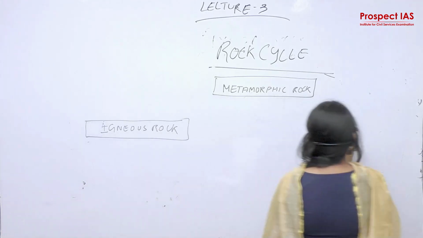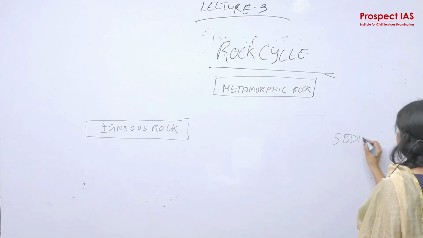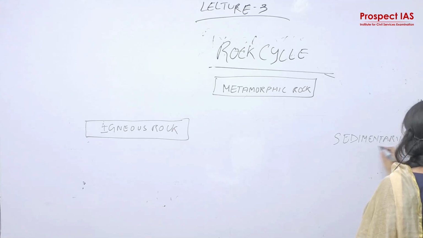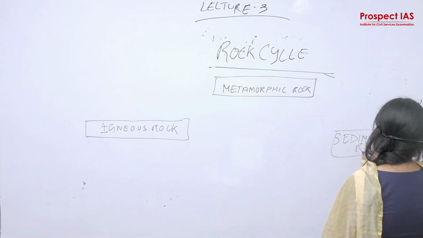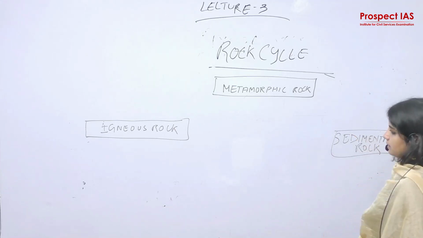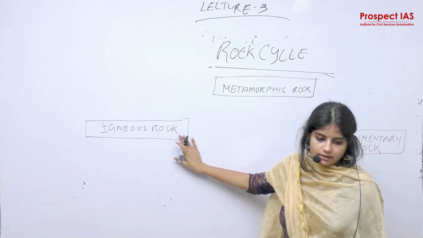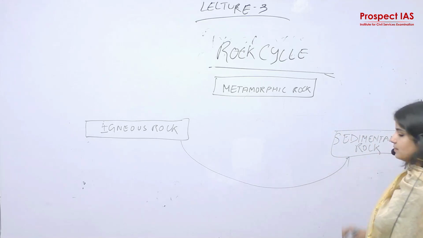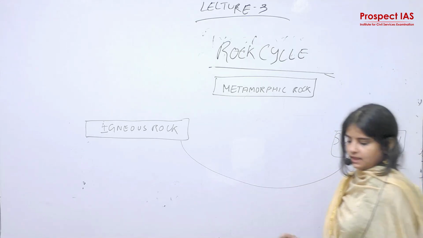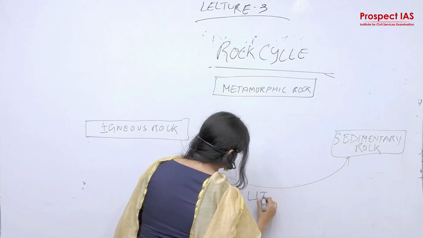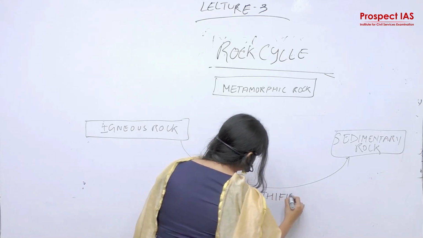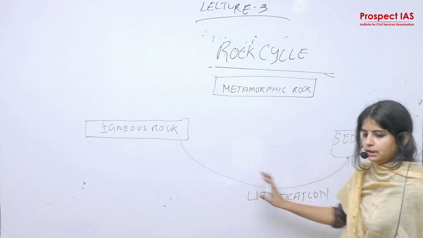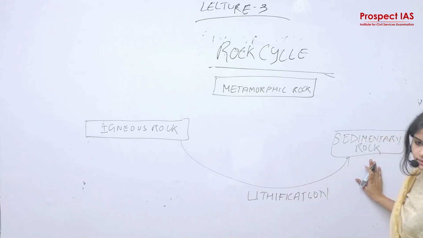Then you have sedimentary rock. Okay, this is the general parent rock here. How will it convert to sedimentary? The process of lithification, means fragmentation into smaller units.